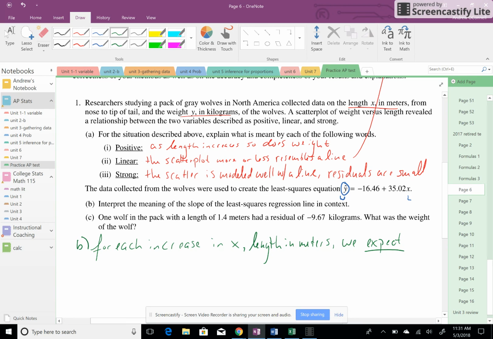Use the word expect or we think, or it'll go up approximately, but we expect an increase of about 35. It's not in pounds, it's in kilograms.